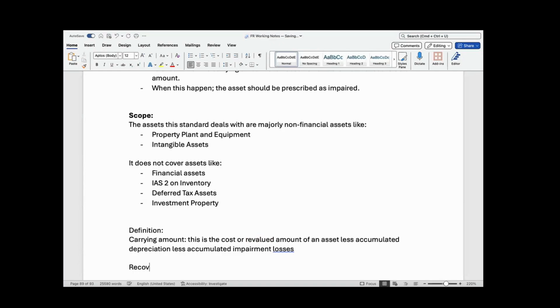Now, we also mention recoverable amount. And recoverable amount is the higher between the fair value less cost to sell and the value in use of an asset.